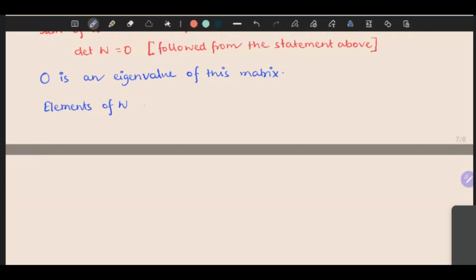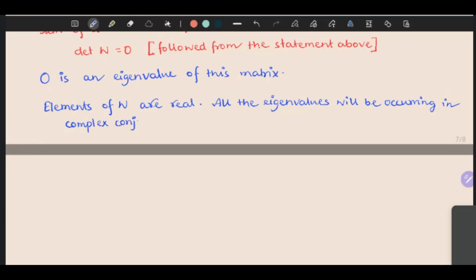So if the elements of W are real, then all the eigenvalues will be occurring in complex conjugate pairs.